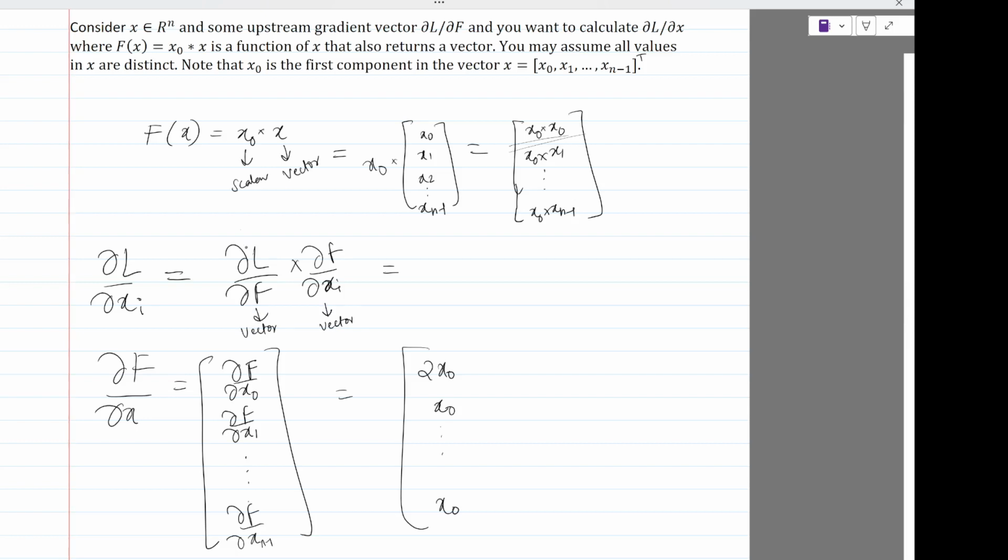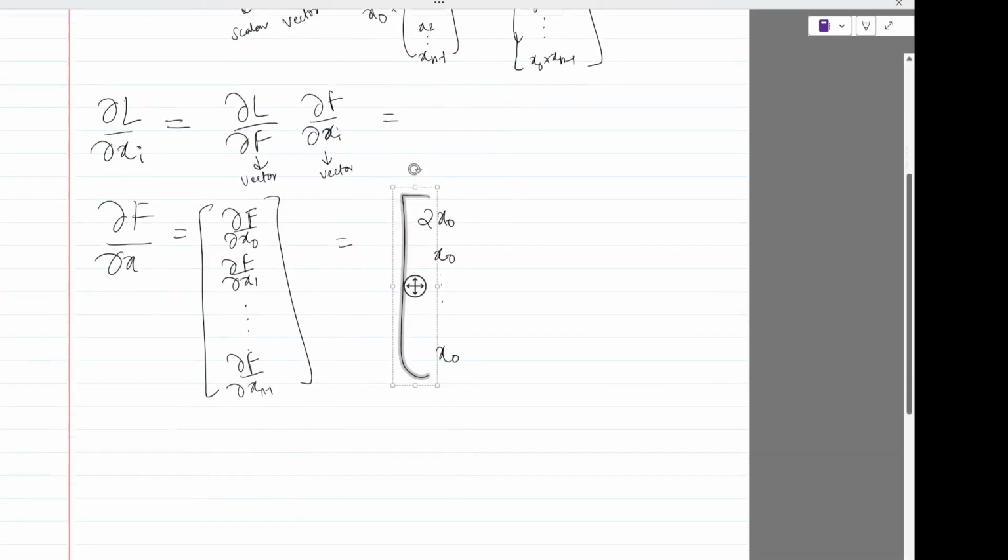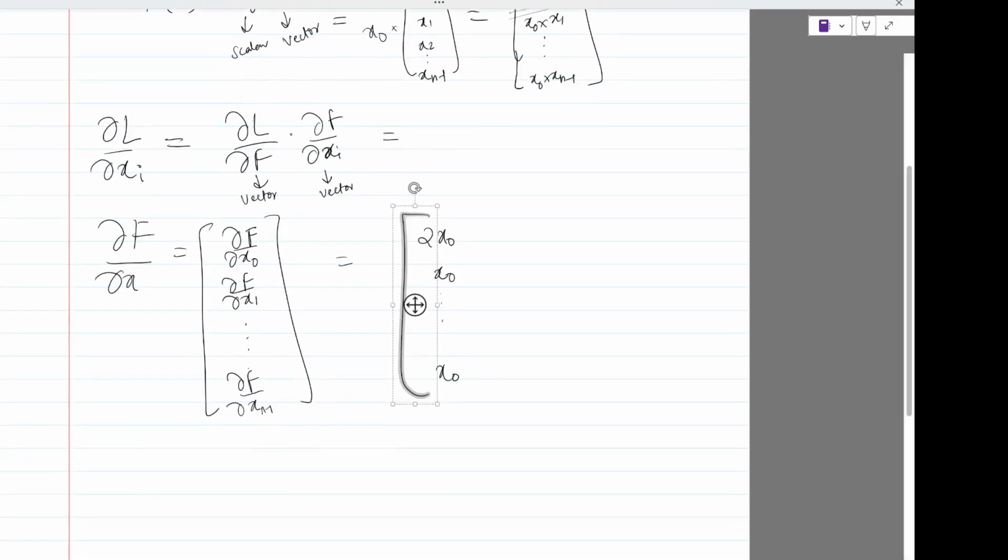This is like a dot product between the vectors.